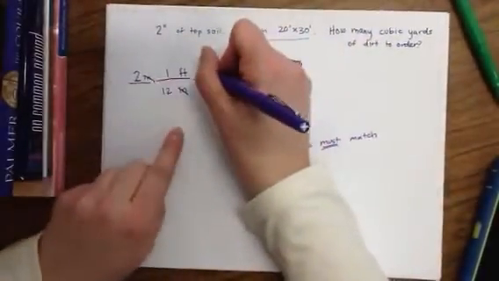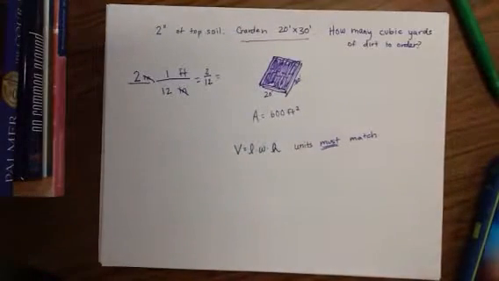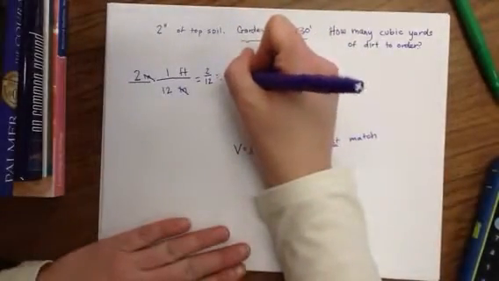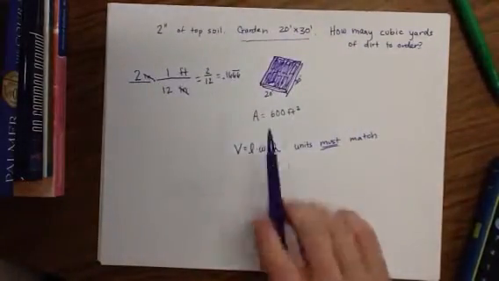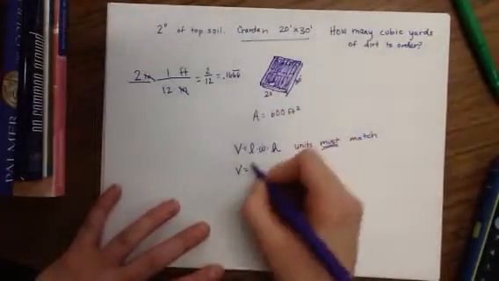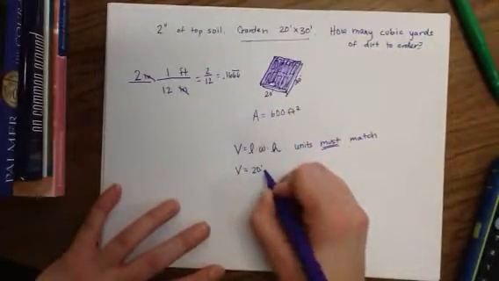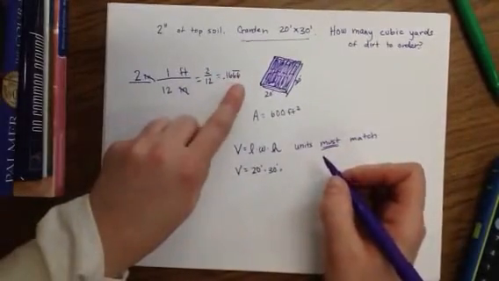2 times 1 is going to be 2, and I'm going to divide that by 12. This should give me a decimal answer. 2 divided by 12 is 0.166666, and it keeps on going for a while. So when I do my length times my width for my volume, I could do my 20 feet times my 30 feet times this fraction.